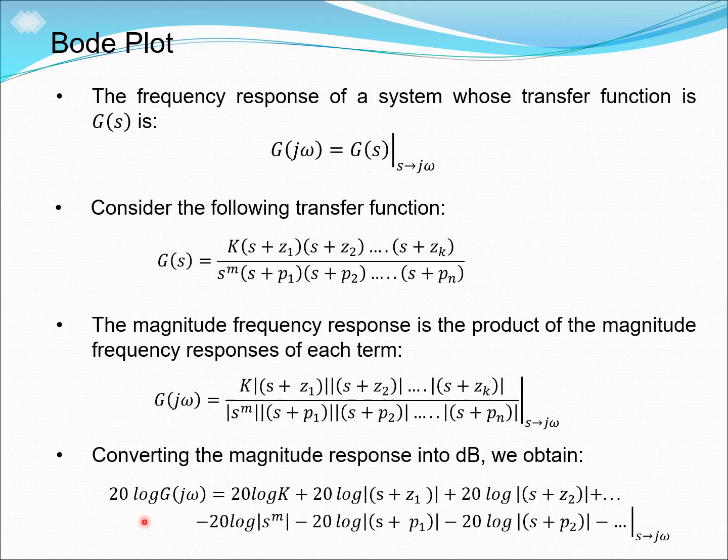The process can be simplified by working with the logarithm of the magnitude, since the zero term magnitude responses would be added, and the pole terms' magnitude responses being subtracted. We can see these zero terms being added and the pole terms being subtracted.